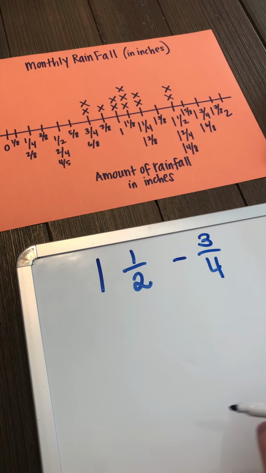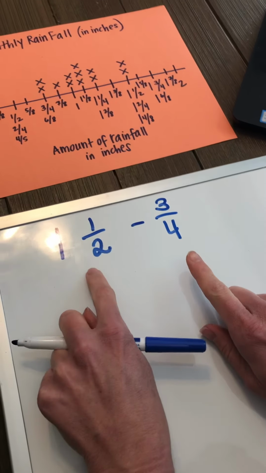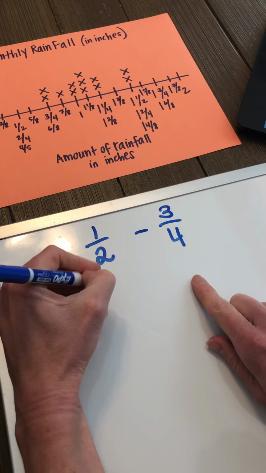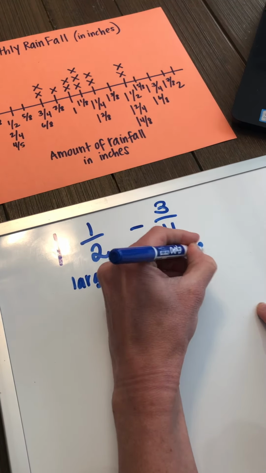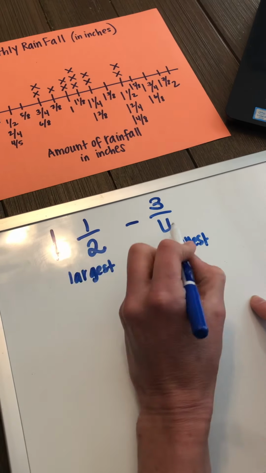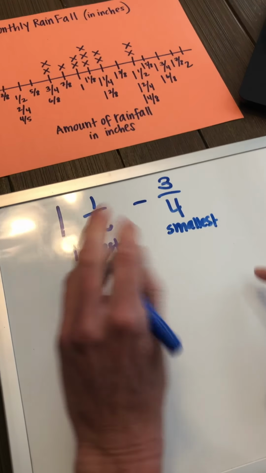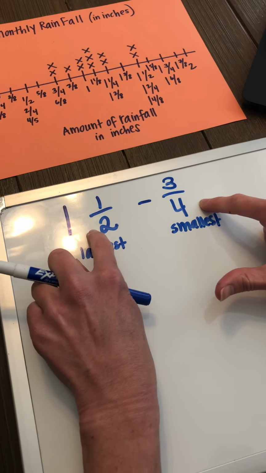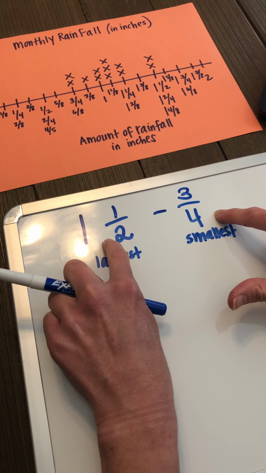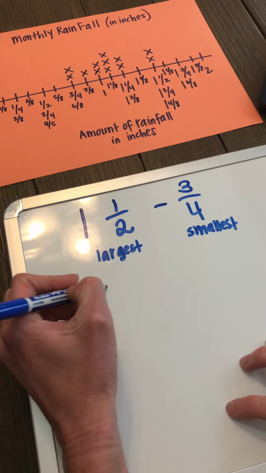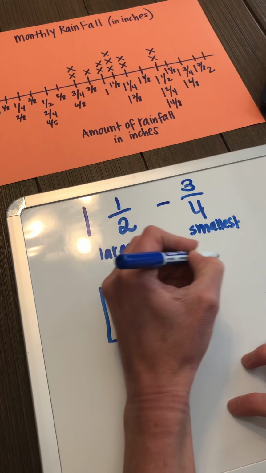And we're finding the difference because it asks us the difference between the largest amount and the smallest amount. So I'm automatically looking at this and remembering what we've learned already. When we add and subtract fractions, they must have a common denominator. So there's different ways that we can do this. One way is we could draw a model.